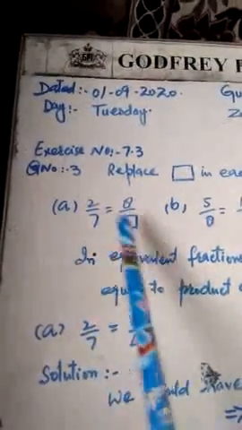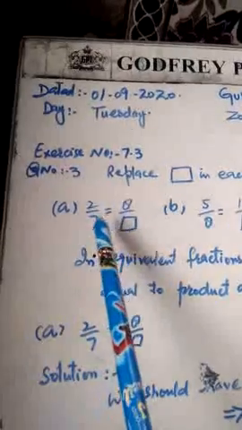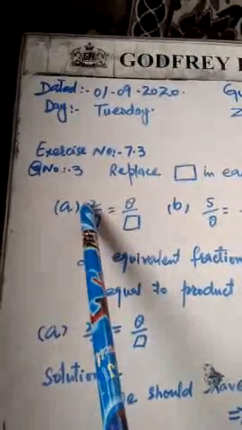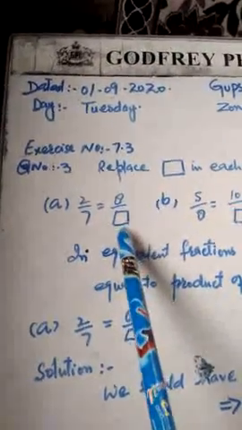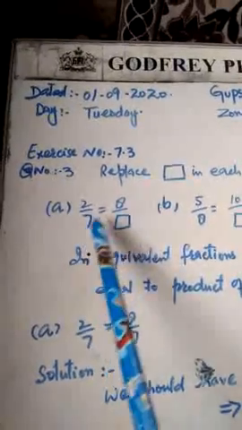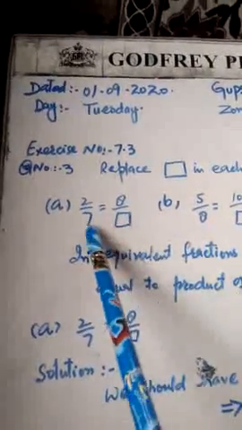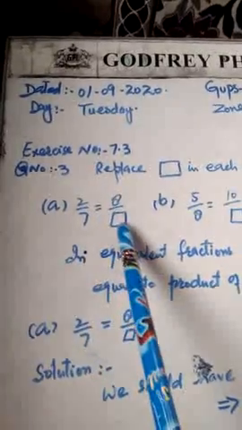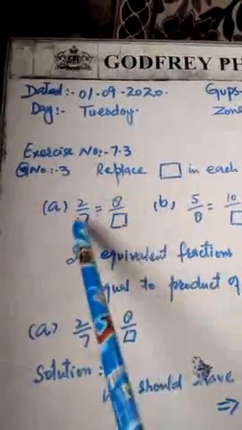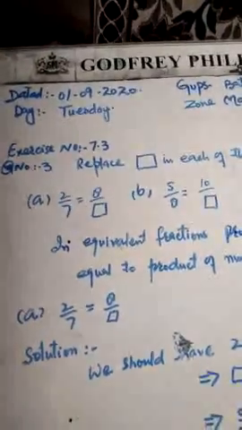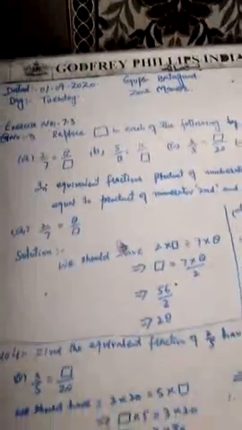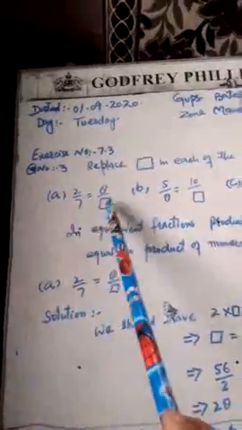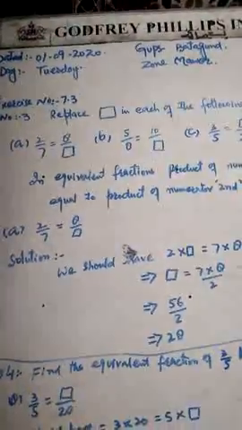When the two fractions are equivalent, the product of this numerator and this denominator must be equal to the product of this numerator and this denominator. If they are equal, then the two fractions are also equal.